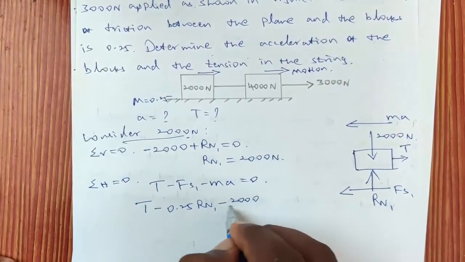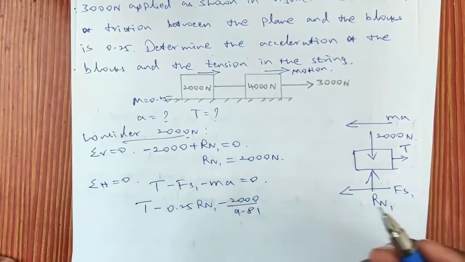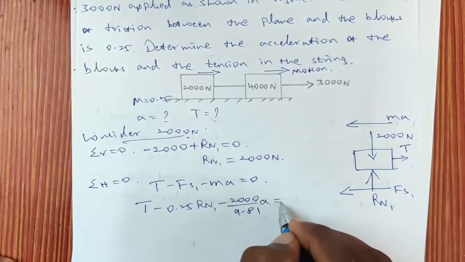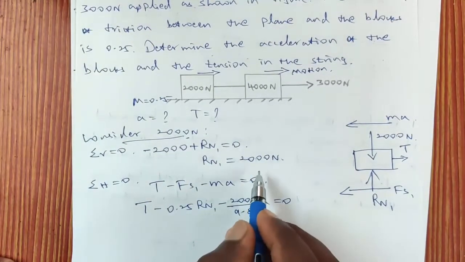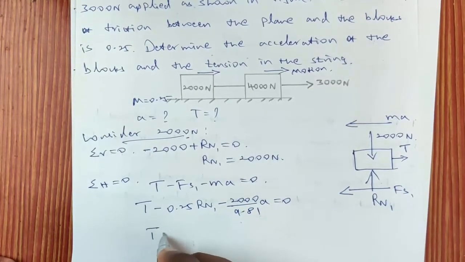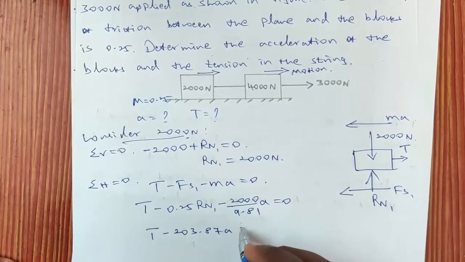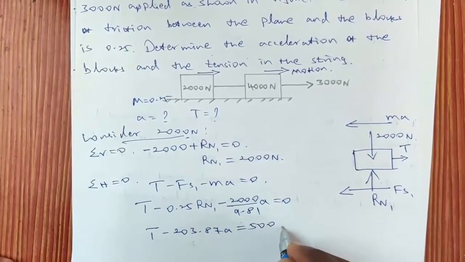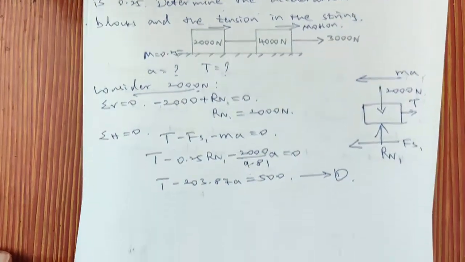So it is 2000 divided by 9.81 because we have to substitute the value of mass into A is equal to 0. So if you rewrite this equation and substitute the value of Rn, then we will get T minus 203.87 A is equal to 500. Keep this as equation number 1.